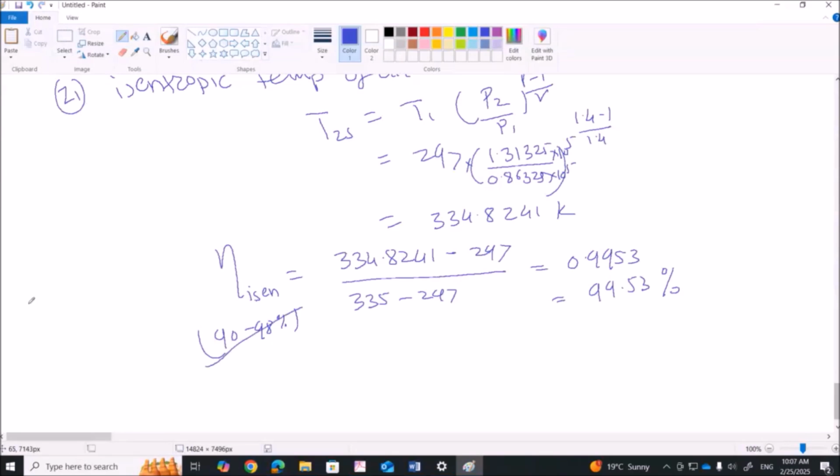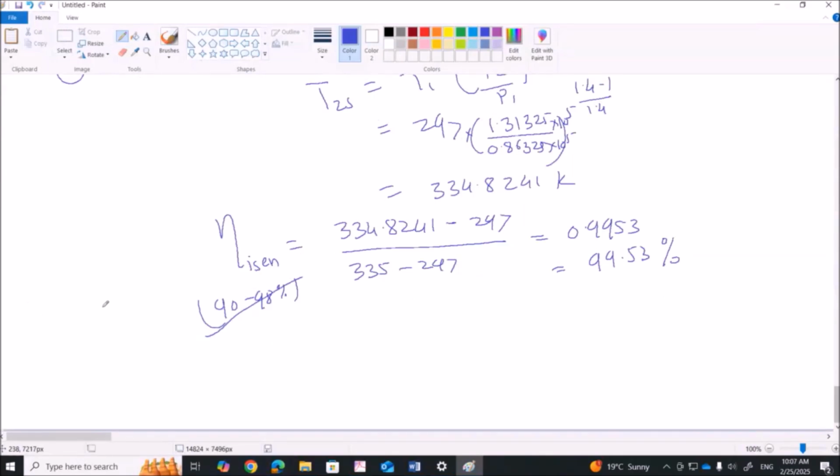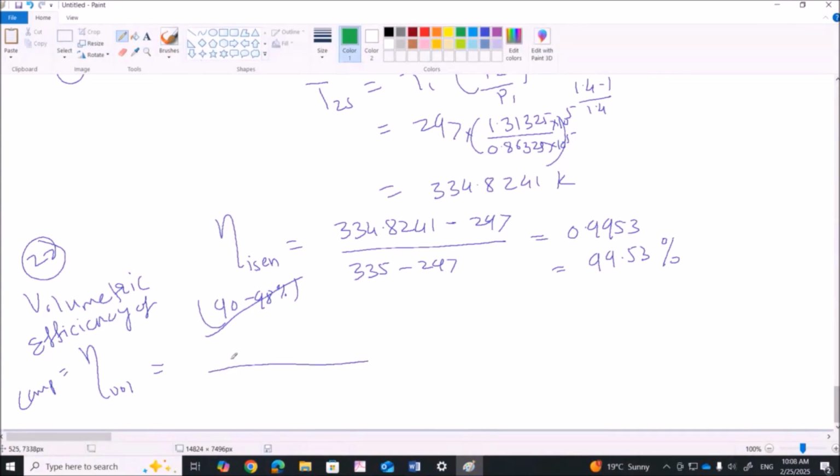Now there is another efficiency of the compressor, and that is called the volumetric efficiency of the compressor. It is defined as the actual air going inside divided by the maximum possible air that can go inside. It's the size of the compressor.